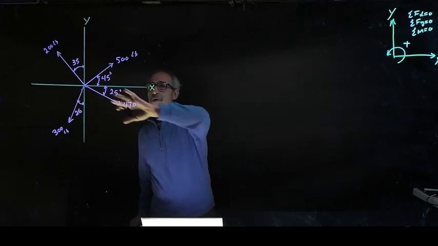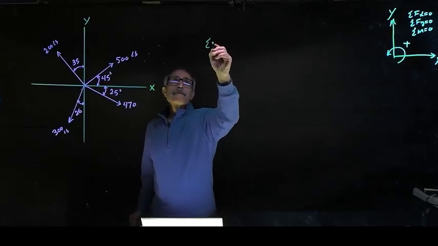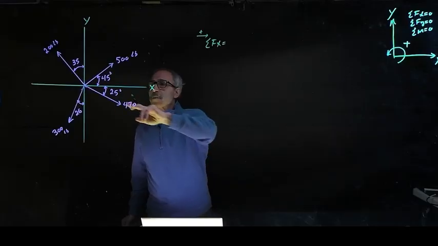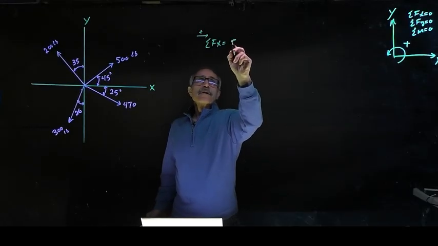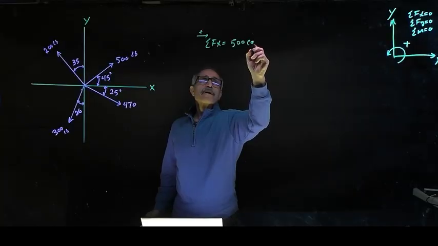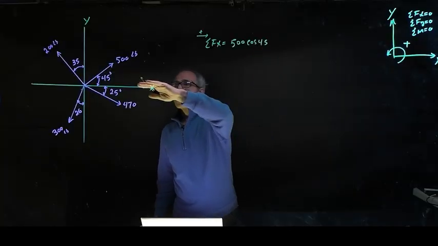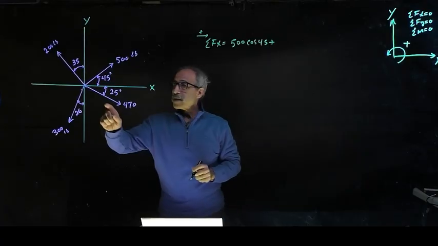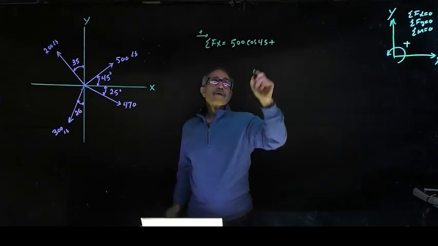First, I'm going to do the summation of all F of x. Going to the right is positive. So I'm going to have 500, and the x component of this is going to be cosine 45, and that's going to the right. And this one is also going to the right, so it's going to be positive, 470 cosine 25.